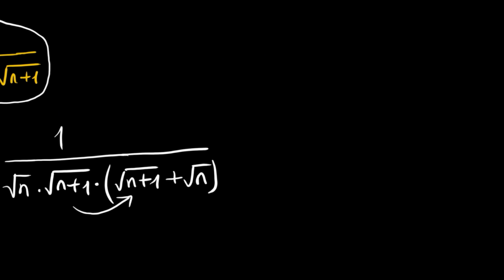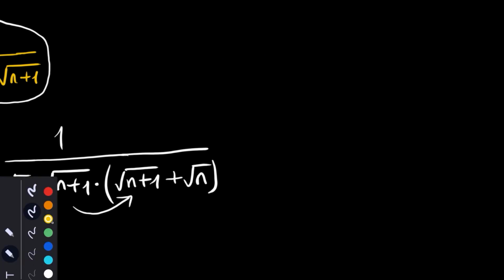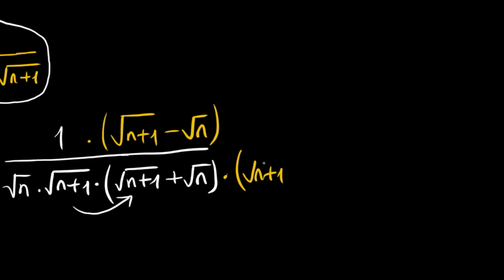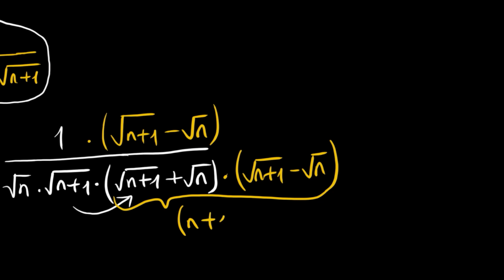Now, as you see, we have a radical part here. We will multiply denominator and numerator by root n plus 1 minus root n, the radical conjugate. Here in the denominator, from the difference of two squares, this is n plus 1 minus n, which is just 1.